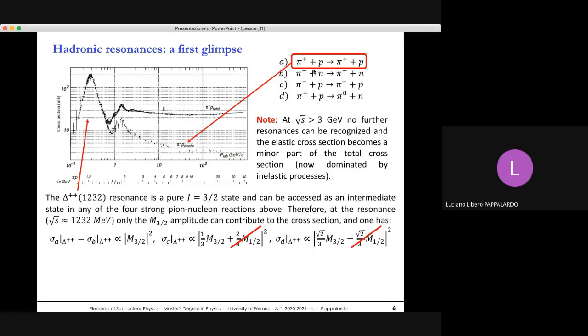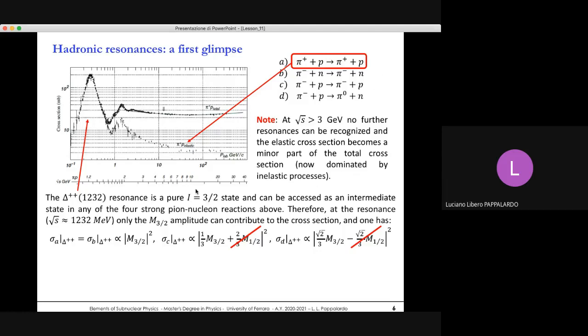The reaction proceeds through the intermediate formation of, for instance, this resonance, which then further decays into a pi plus and proton, or pi minus and neutron, etc. So in this sense, the resonance is formed as an intermediate state of our scattering reactions here.